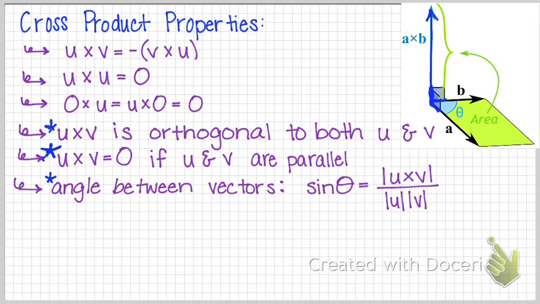Also, another use for cross products is that the sine of theta is equal to the magnitude of the cross product divided by the magnitudes of those two vectors multiplied together. We had cosine equals the dot product divided by the magnitudes multiplied together. Now we just have another formula to find the angle between two vectors.